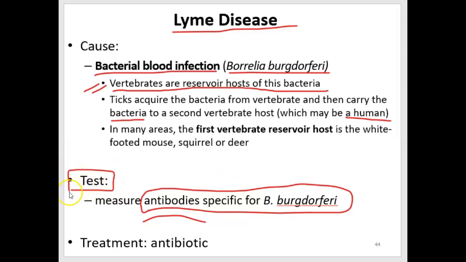They test your blood for antibodies to burgdorferi. However, it turns out this isn't the best or only way to test to see if somebody has this bacteria. It's kind of a controversial subject, but this is what they still use. And then what they treat with is antibiotic. And this antibiotic should kill the bacteria dead.